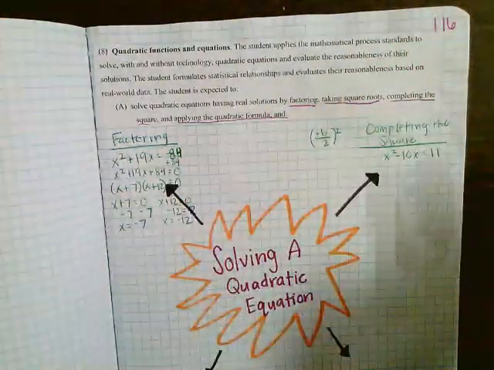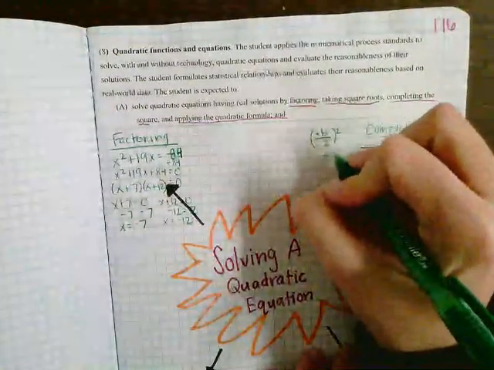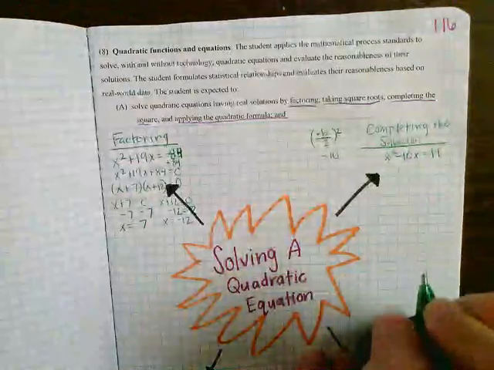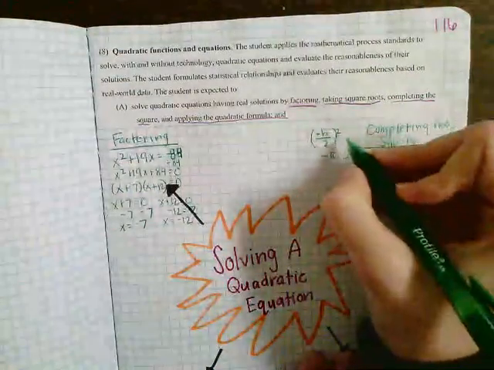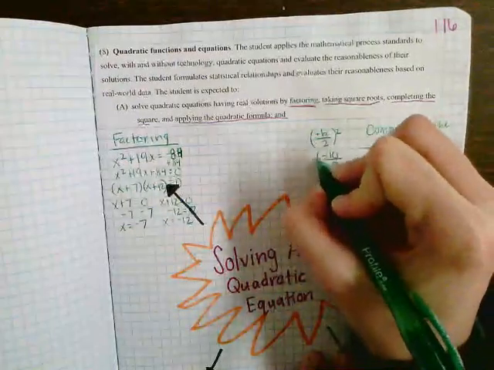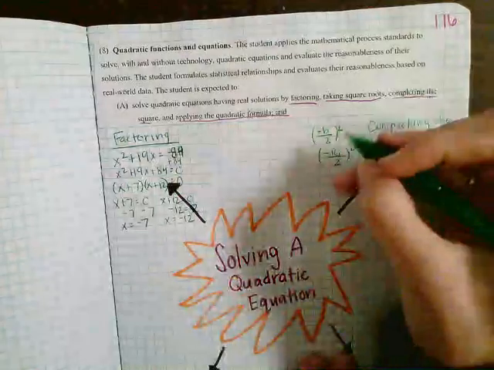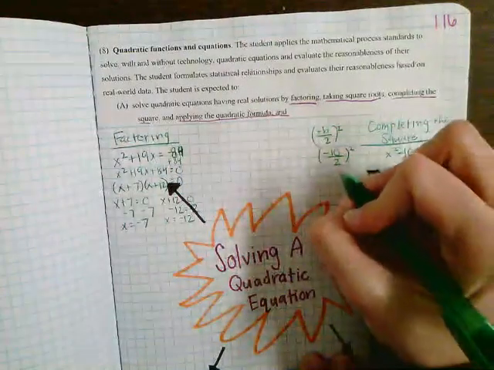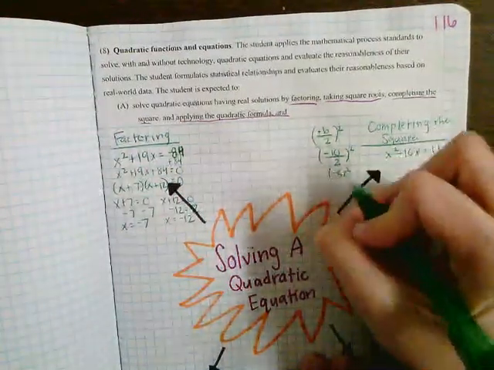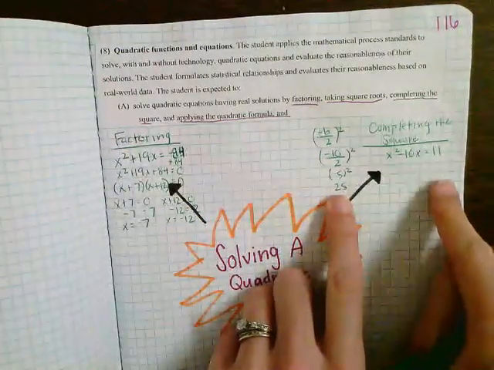So negative 10, which doesn't matter because then you're just going to square it anyway. So negative 10 divided by 2 squared. Negative 10 divided by 2 is negative 5. Negative 5 squared is 25. So that's the amount that you're going to add to both sides to complete this square.